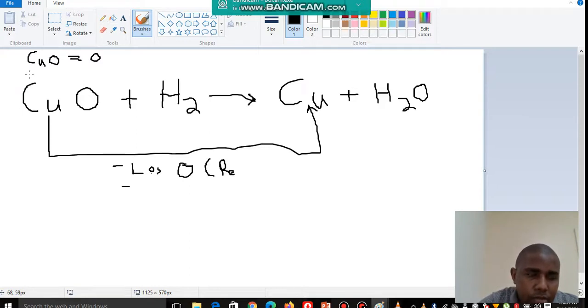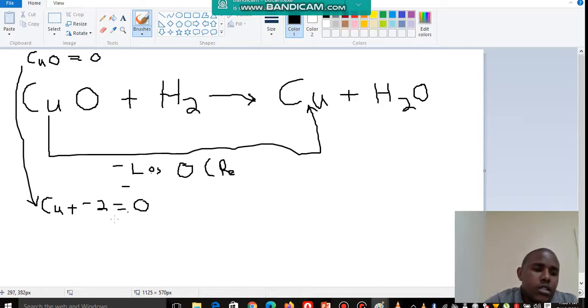So if you need to find out the oxidation state of copper, you have to do a simple mathematical calculation, which requires you to make copper the subject in terms of oxidation state. So this is the expression. We say copper will have the oxidation state of what? Of +2, because this -2, when it crosses the equal sign, will turn out to be +2.